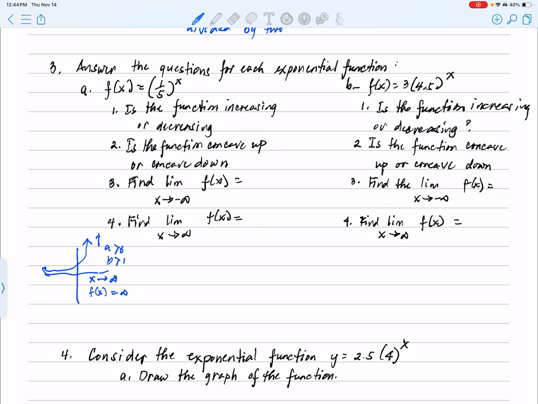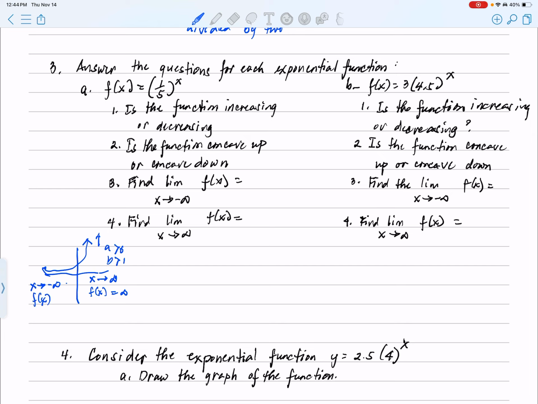While on the left side, as x approaches negative infinity, I wrote it wrong. As x approaches negative infinity, that is to the left, what happened to the function of x here?